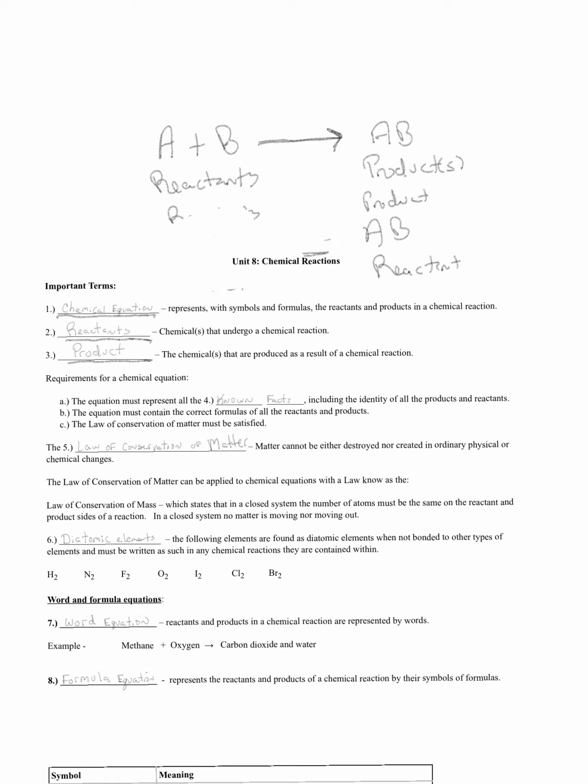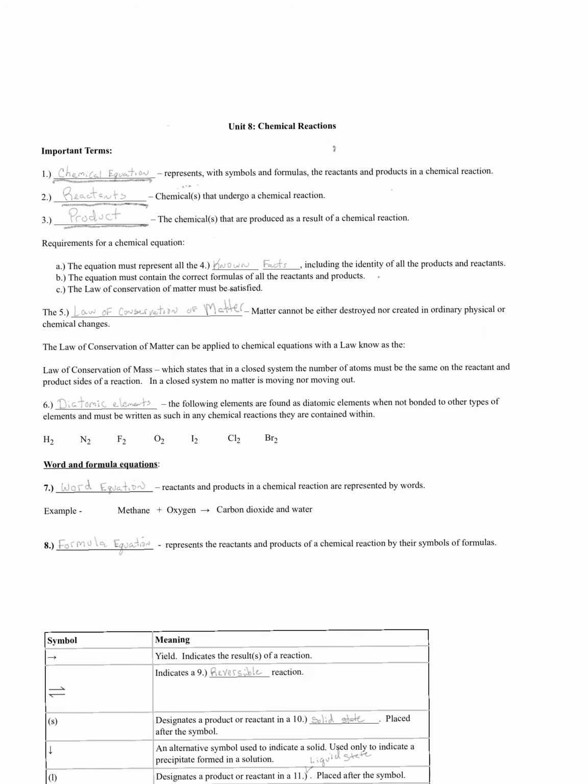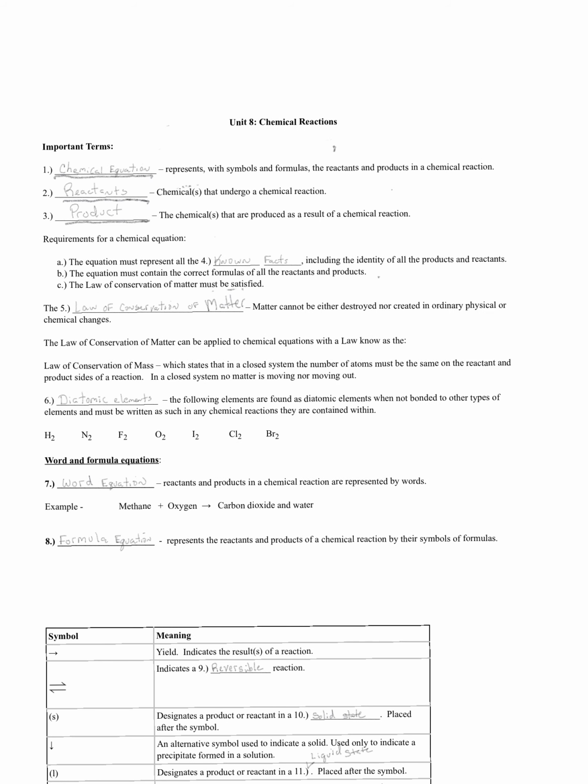They tell us a lot about the chemical reactions that are occurring. So if you look at the requirements for a chemical equation, and I'm reading this part over here, the chemical equation must represent all the known facts, including the identity of the products and all the reactants.